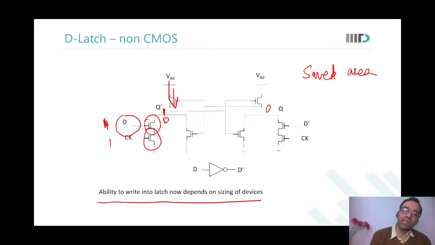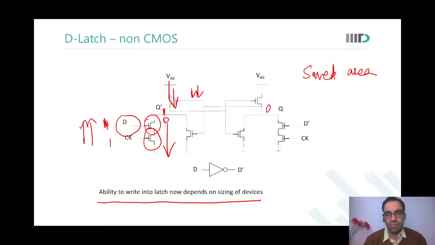So D is equal to 1, CK equal to 1, and you want to sink the current. I will be able to sink sufficient current only when the strength of this PMOS is smaller than the strength of this stack of NMOSs. So sizing of the devices now plays a role in the functionality of the memory cell. To save area, I have to now take care of sizing.